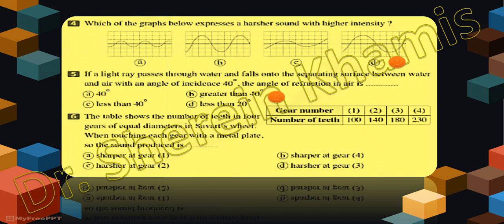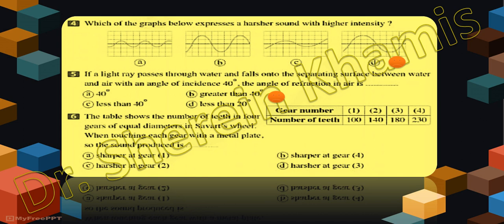Okay, let's go into question 6. The table shows the number of teeth in 4 gears of equal diameter in a support wheel, each touching a metal plate. So we have gear 1, 2, 3, and 4, with number of teeth 100, 140, 180, and 230.